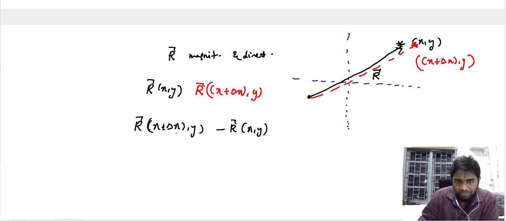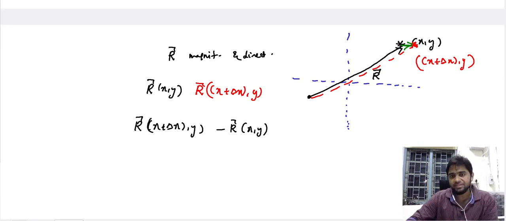Now the difference of these vectors will be pointing in this direction. So this will be the direction along which the difference between these two vectors is pointing.